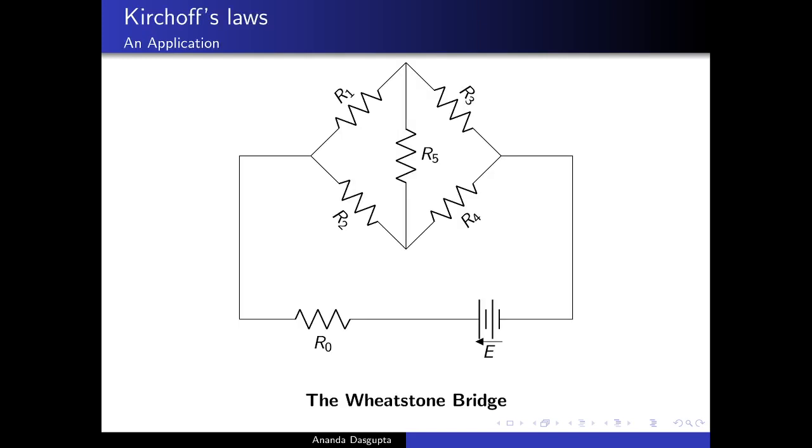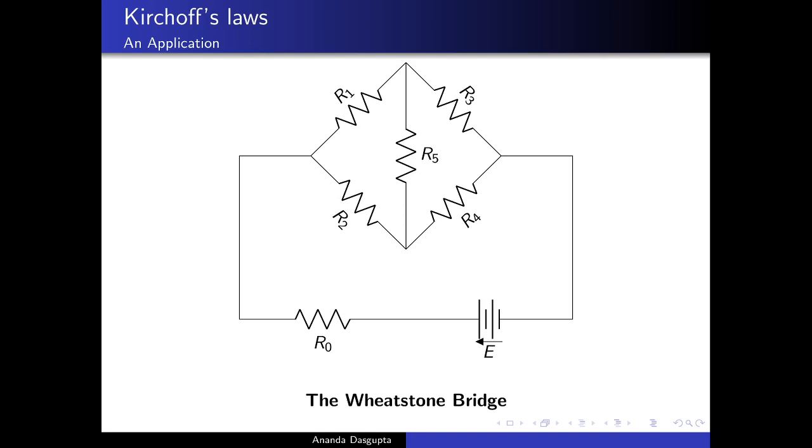Now let's go in for an application to a real physical circuit, one which you all know. This, of course, is our old favorite, the Wheatstone bridge. And although most of your high school has been spent in dealing with the Wheatstone bridge when it's balanced, as you all perhaps know, finding out the currents in an unbalanced Wheatstone bridge, when there is current through the middle branch, is not that easy.